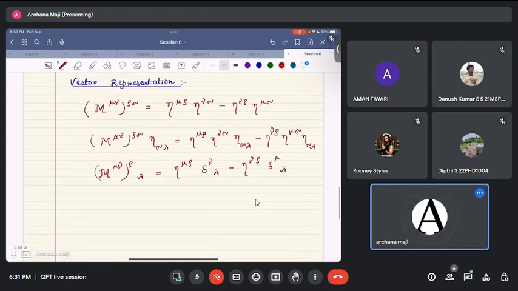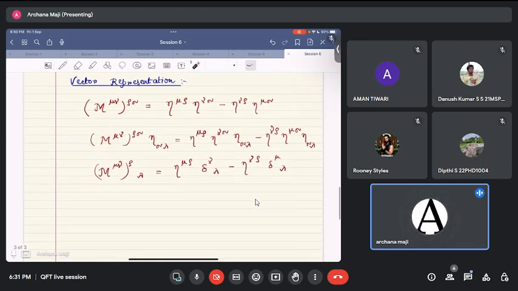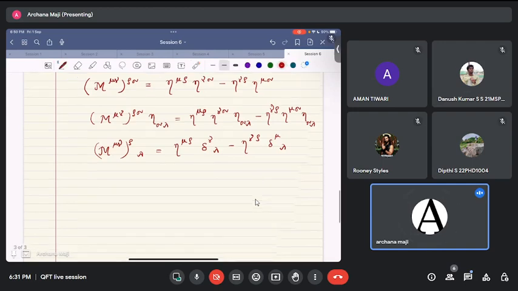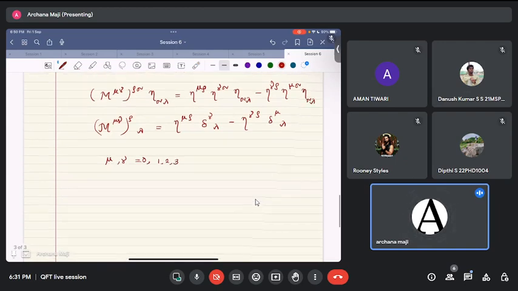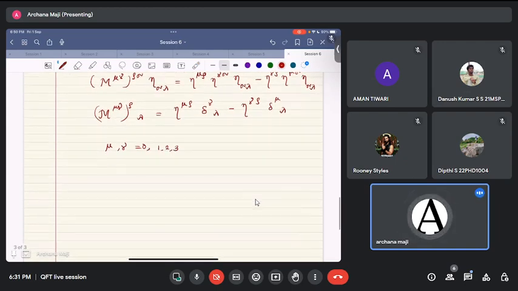yeah. So in this language you cannot see the antisymmetry under the exchange of rho and lambda indices, but you can still see that this is antisymmetric under the exchange of mu and nu indices. So it means when mu and nu are both running from 0 up to 3, you have 6 such matrices.